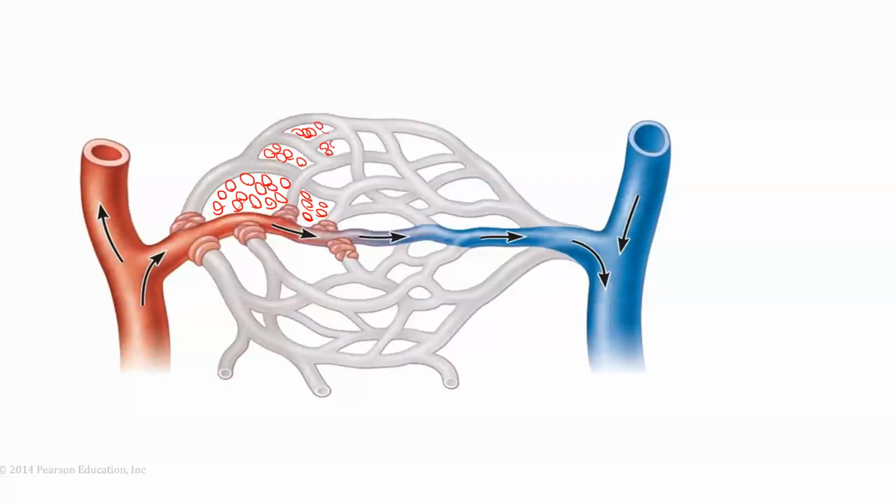Well, the main arteries and veins in your body would be like the freeways and highways. And then the arterioles and the venules would be like the smaller county streets, or the bigger boulevard type streets, the avenues and such.